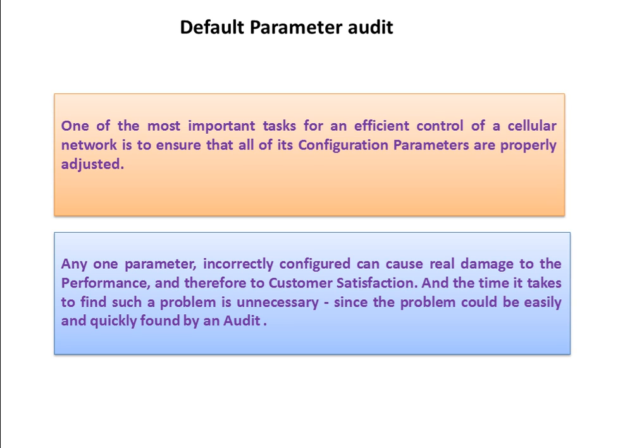Any parameter, if configured incorrectly, can cause big damage to the network. It can cause a big degradation in customer satisfaction, and it may also force us to find out the problems in the network.